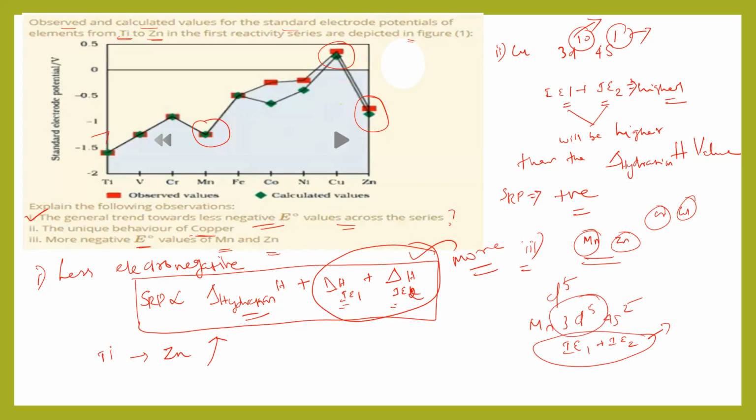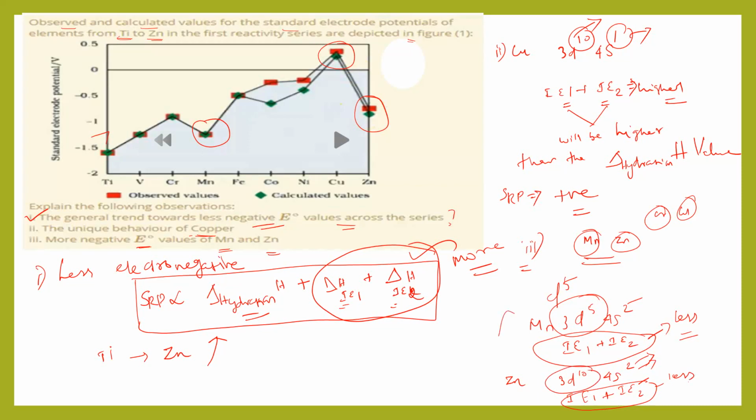Same in the case of zinc too. Zinc is 3d10 4s2, right? The first and second ionization enthalpies will be very less because it tends to attain the 3d10 configuration.